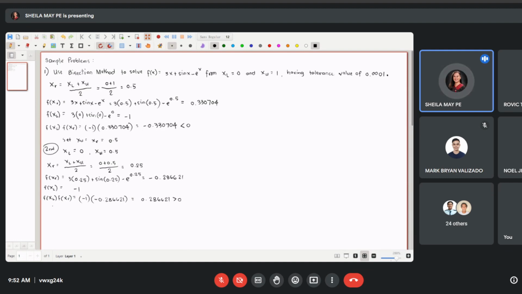Now we must set our x sub l equal to our x sub r, which is 0.25.